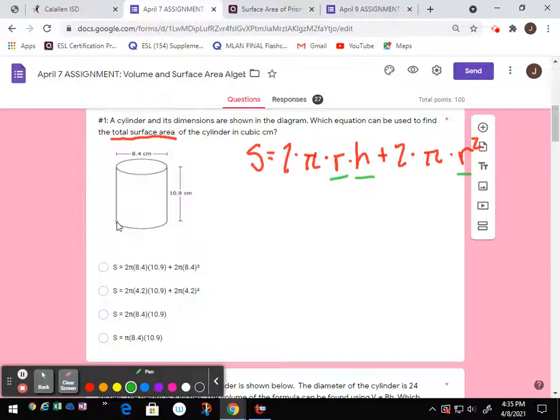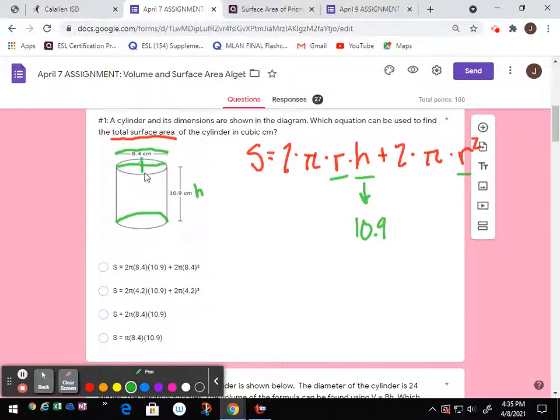The height is always what goes from the bottom base, which is this circle, to the top base, which we can see is 10.9 is our height. So wherever we see h, which we only see one time, will now be 10.9. Now we need to figure out our radius. We see that 8.4 goes from side to side on this circle right here.